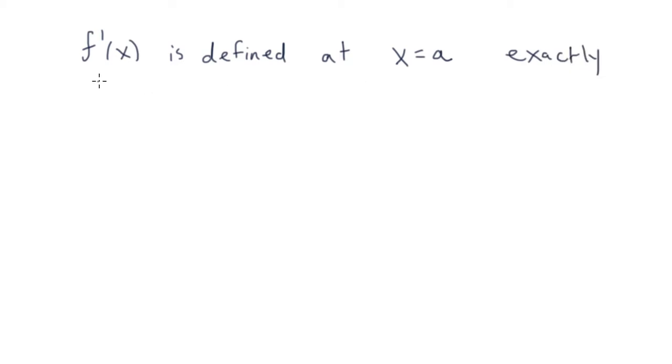So let's make some of this terminology a little bit more clear. So f prime of x is defined as a function at x equals a exactly when f of x is differentiable at a.